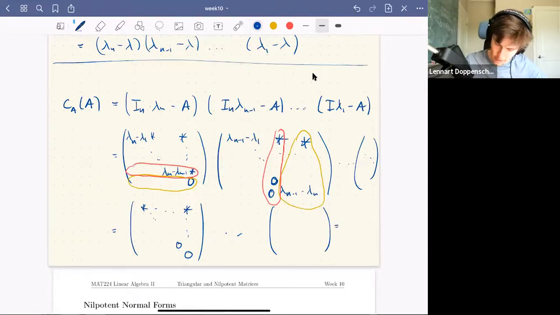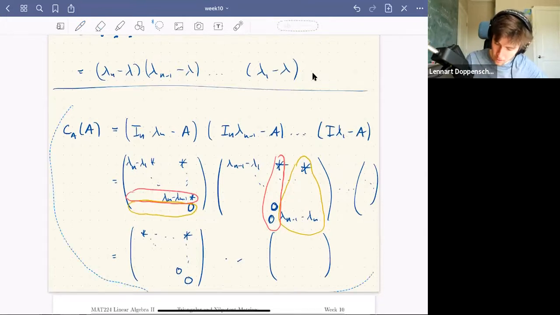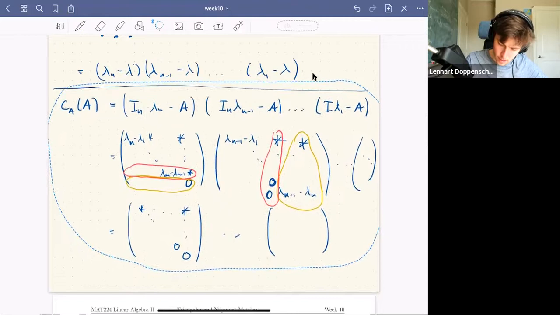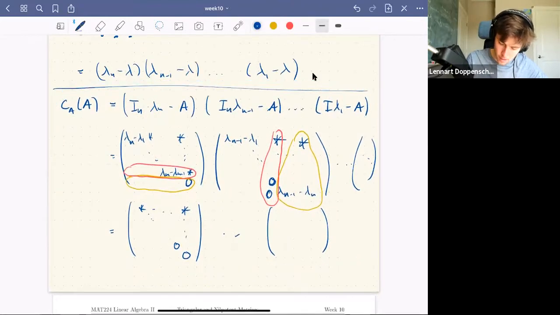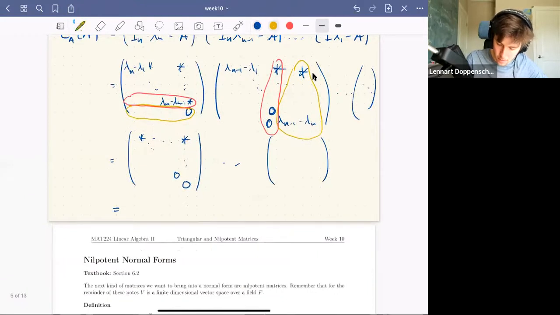Yes, sorry, I think I made a mistake preparing this. I thought that was a lazy argument. But let me just not continue this and tell you that this computation is an exercise.